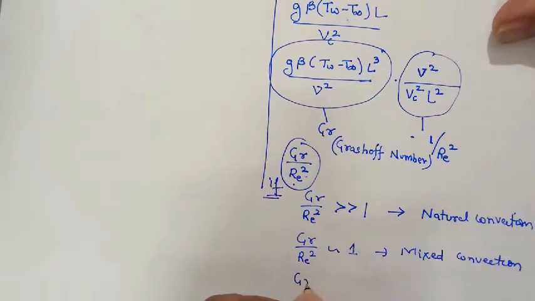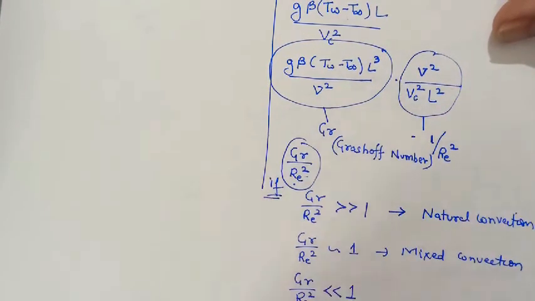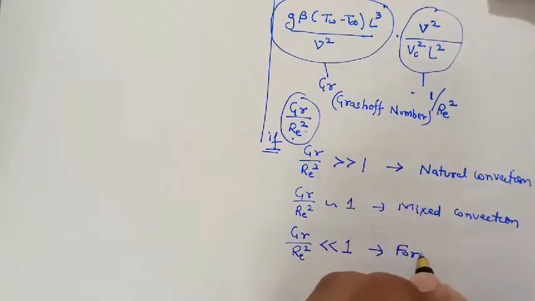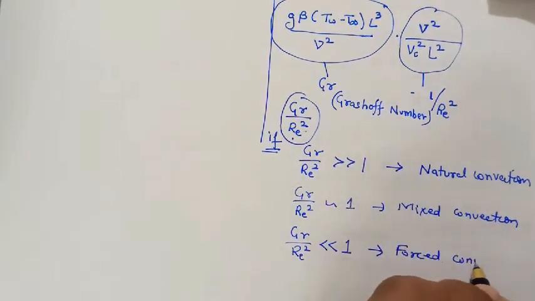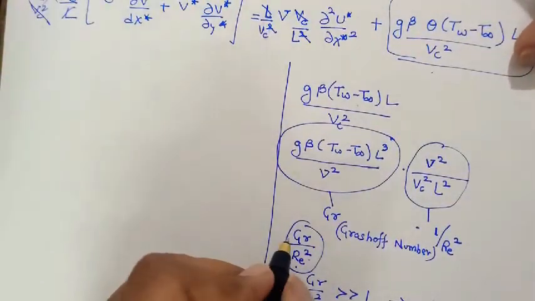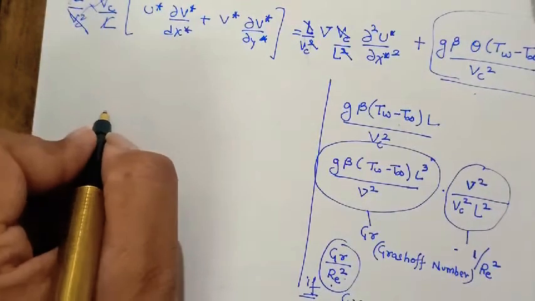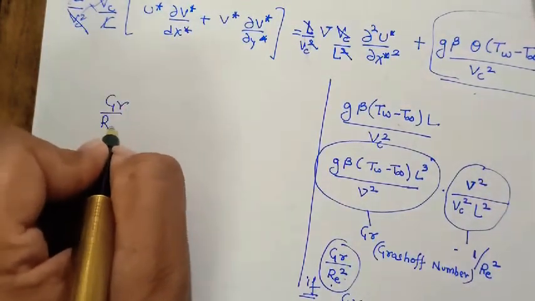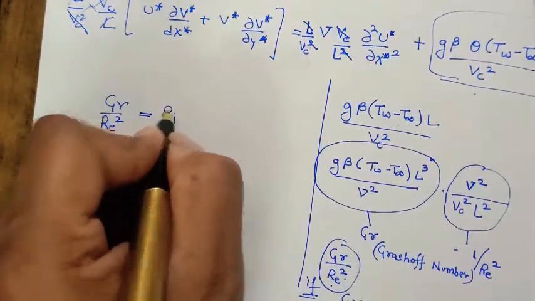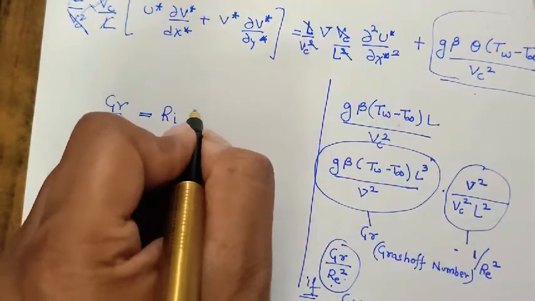And if this is like this, then we call it forced convection. And this ratio, the Grashof number by Reynolds number square, is called the Richardson number.